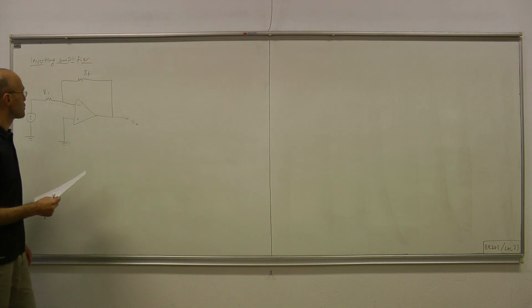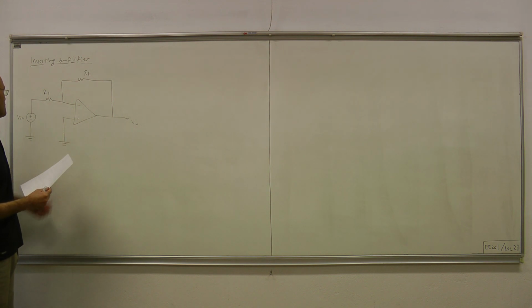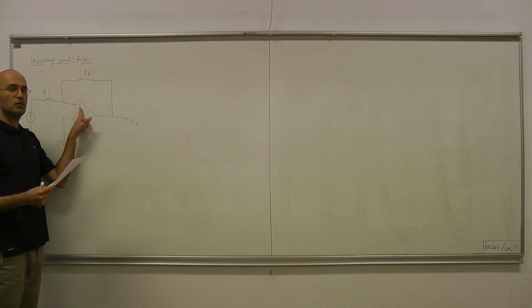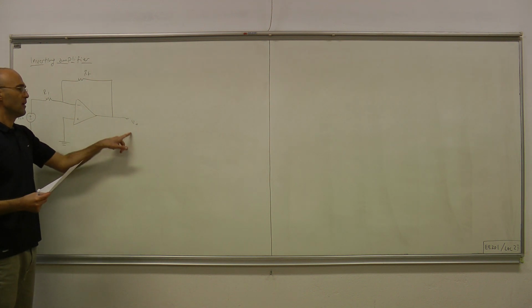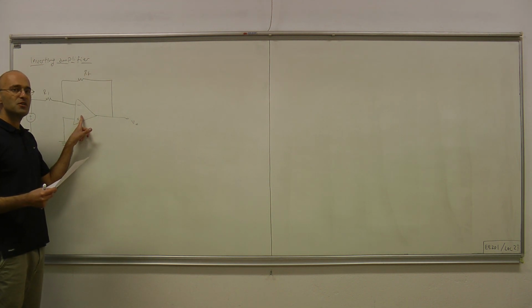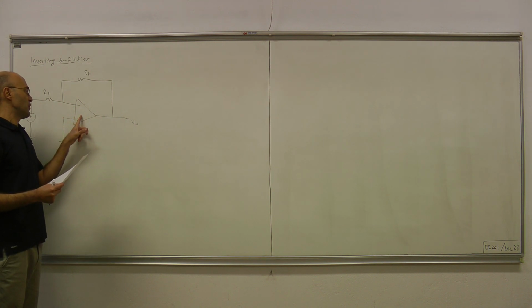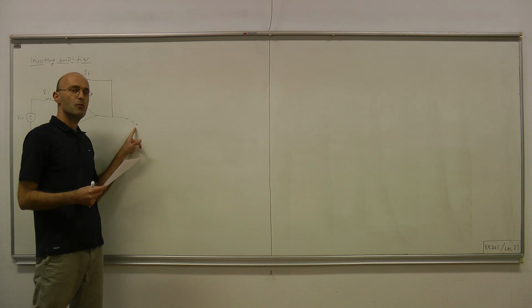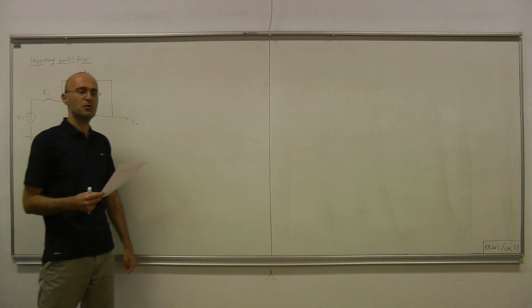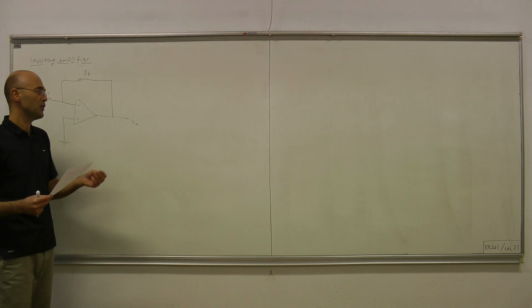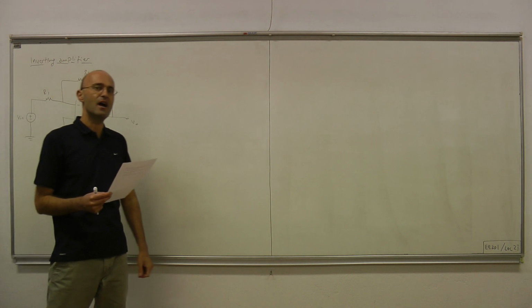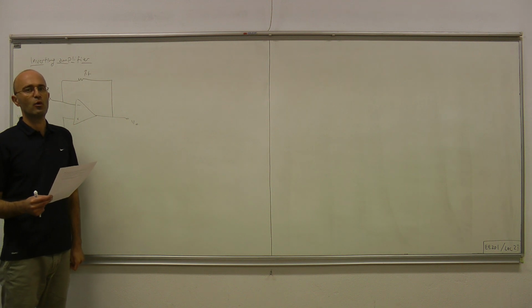So how we go with the analysis for such circuits is very simple. We obtain the node voltage V minus in terms of input and output voltages. Likewise, we obtain an expression for V plus in terms of V output and V input. Then we start our region-by-region analysis. In the linear region, we have V minus equals V plus. Equating those two expressions in terms of V in and V out, we obtain a relation between input voltage and output voltage.